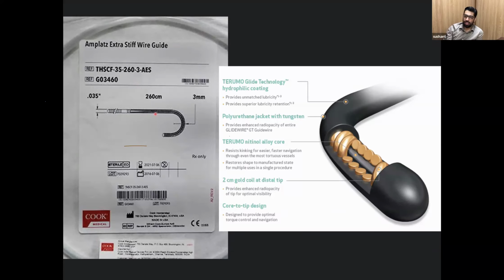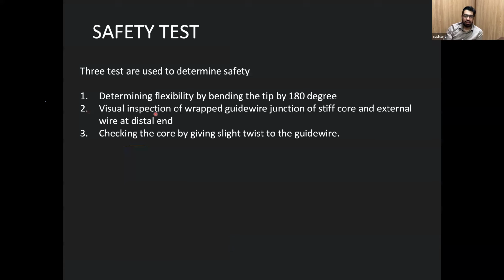Depending on your area of interest, we can use this stiff wire to place our catheter or these drainage catheters in place. So safety tests, there are three tests we should know. First, determining the flexibility: the end of the guide wire should be flexible, and while bending it 180 degrees, it should not kink or crack, so that the tip of the guide wire does not injure.